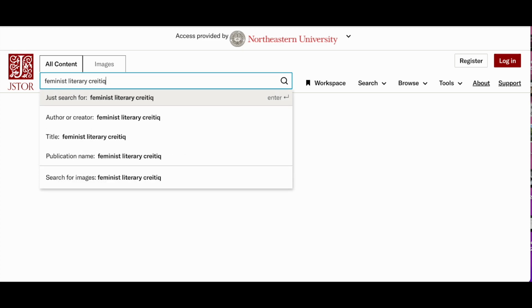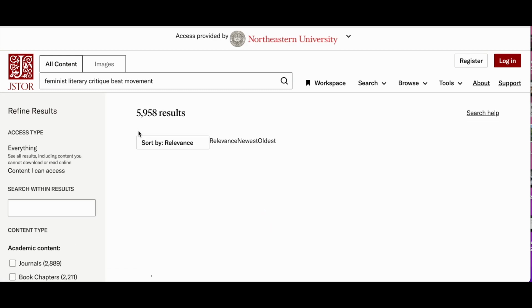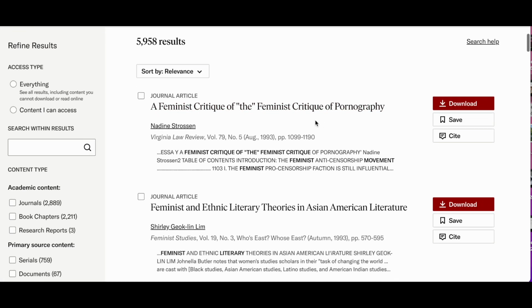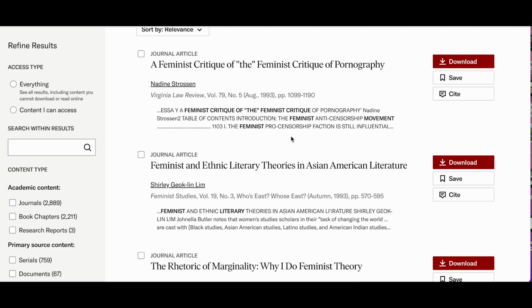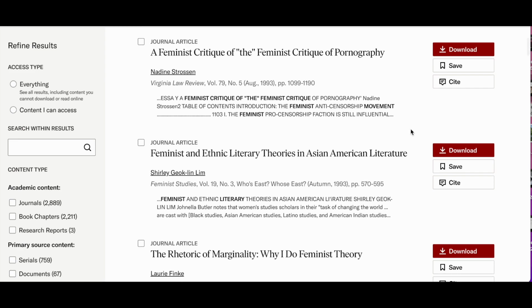Feminist literary critique, Beat movement. A feminist critique of the feminist critique of pornography. So probably you're wondering why all of these searches about the Beat movement are turning up results about pornography. And I think in order to understand that, you'd have to look more into the history of the Beat movement and what it was.